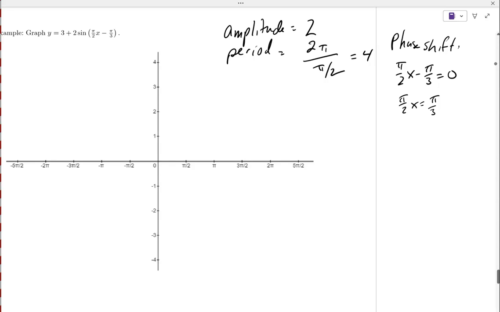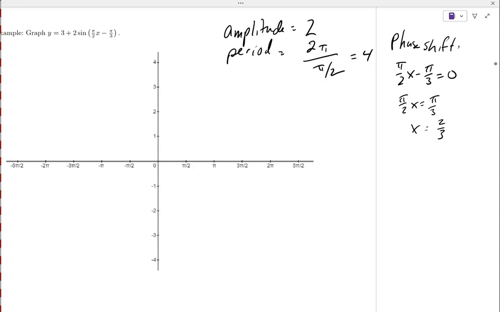We'd multiply both sides by 2 over pi to get rid of the pi over 2. And we would get 2/3 when we do that. The pi's would cancel. Since that number is positive, which way is your graph going to shift? To the right, right? All right.